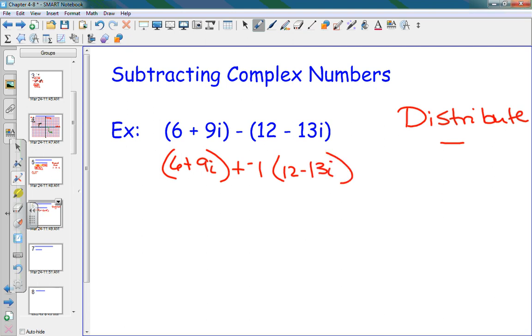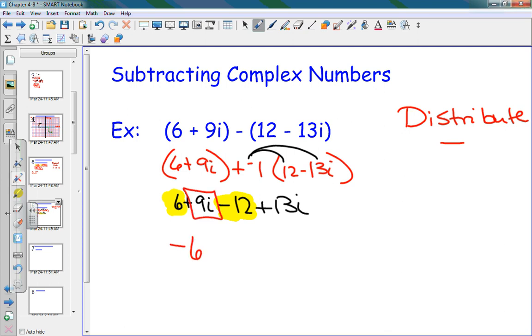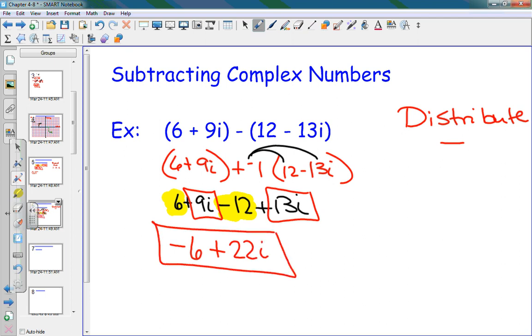Meaning, I can drop the parentheses around the 6 plus 9i, but I distribute the negative into here to give me minus 12 plus 13i. At this point, I combine like terms. So I take my 6 and my negative 12 to give me negative 6. And then I'm going to take my 9i and my 13i to give me 22i.